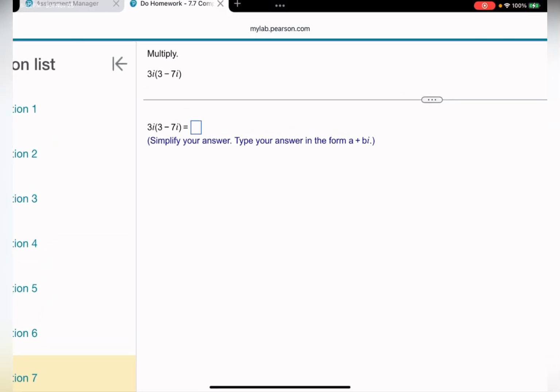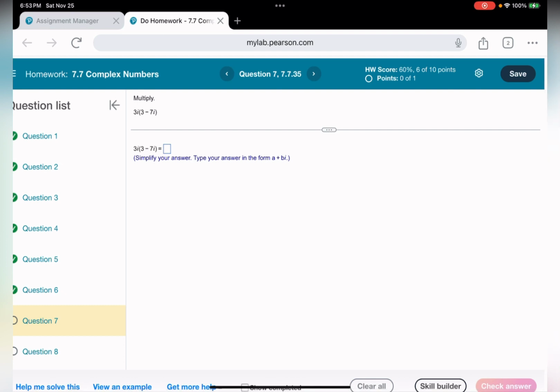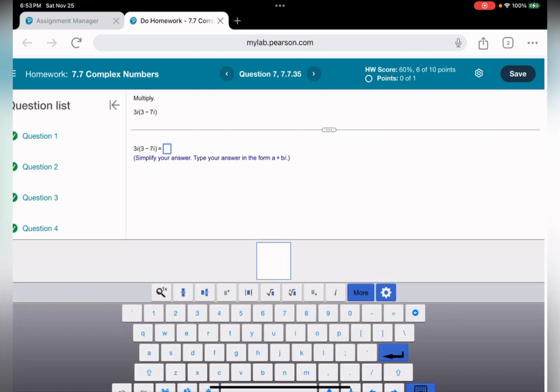Well, now we have to distribute and multiply. So 3i times 3, it's going to be 9i. 3i times -7i. Let me write down just the way it is.